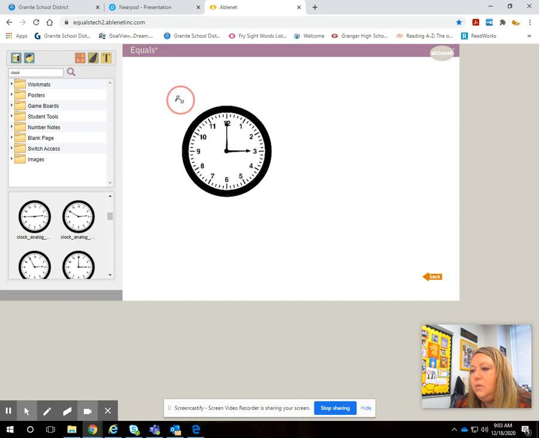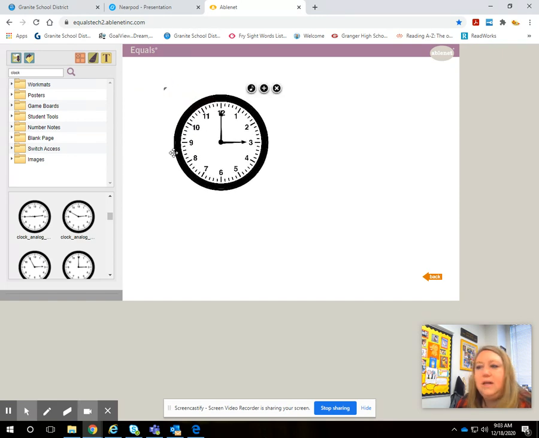And how I can tell that it is an o'clock is because the 12, the long hand, is pointing to that 12. So I know it's an o'clock, which is 0, 0. And the small hand is pointing to the 3. So I'm going to write 3 o'clock. And that's what we have there.